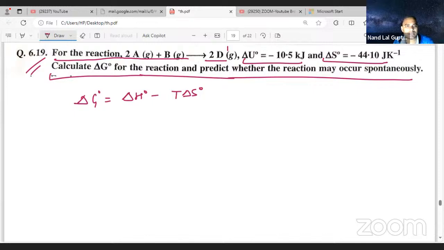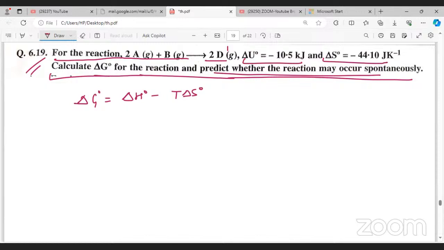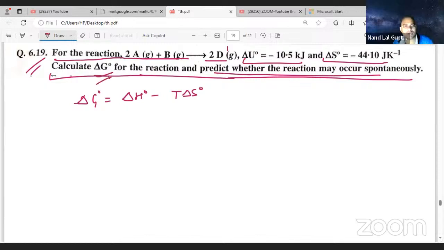Here what they are saying, na? Calculate delta G naught for the reaction, predict whether the reaction occurs spontaneously or not. This cannot be used, Sanoy. Temperature is not given now. How can you use this one?